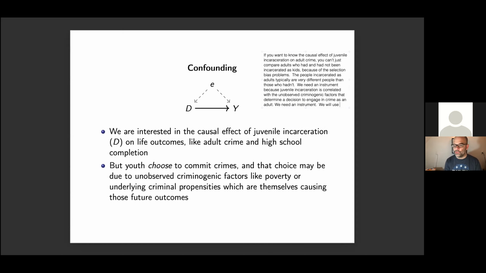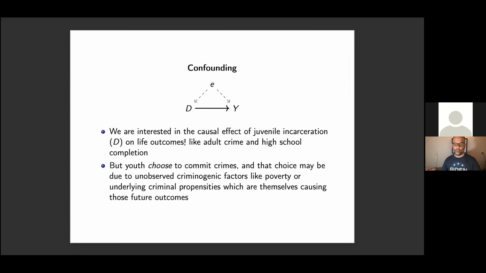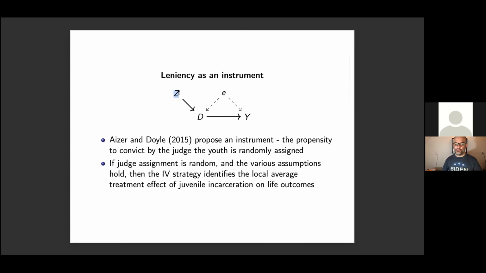We will use as our instrument, or rather Anna Aizer and Joe Doyle will use as their instrument, the randomized judge that you saw as a child. And I'll explain how to construct that instrument. All right, so here's going to be our instrument. We're going to use this right here.